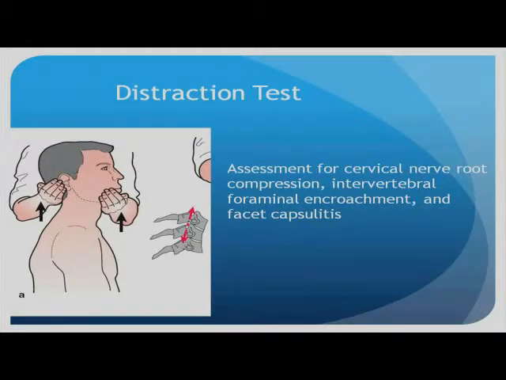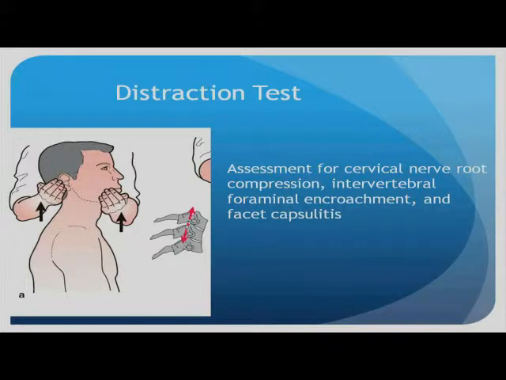The distraction test can be helpful. Instead of reproducing a pain, it's helpful if it actually resolves a patient's pain or improves it. So if they have something that is creating encroachment on that lateral foramen and is irritating the nerve root that way, if you apply a distracting force that actually creates more space in there, that can give you some better information.